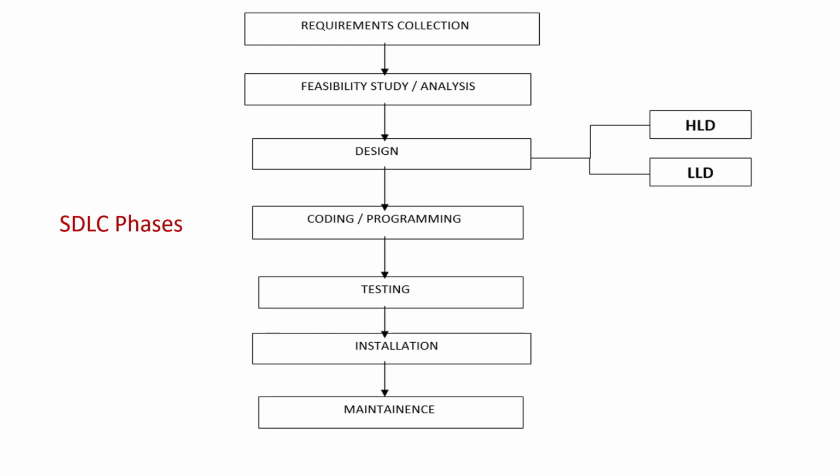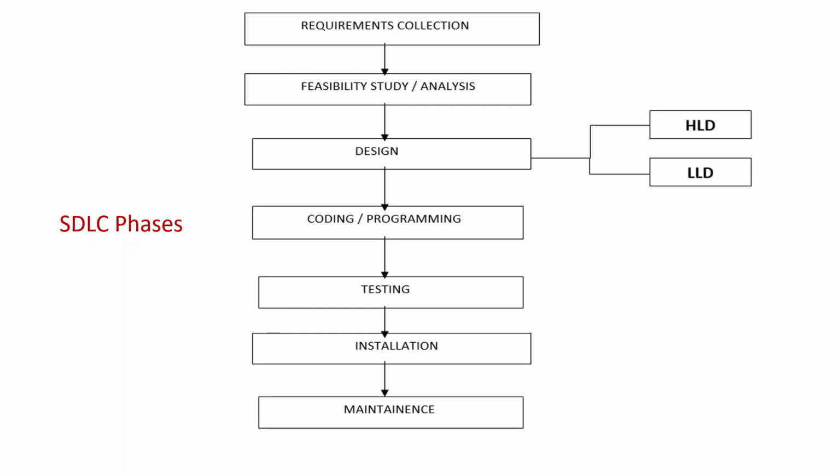All these teams gather in this phase and do the feasibility study and analysis of the customer requirement. They check whether we are able to do this customer requirement or not, whether it is doable or not.